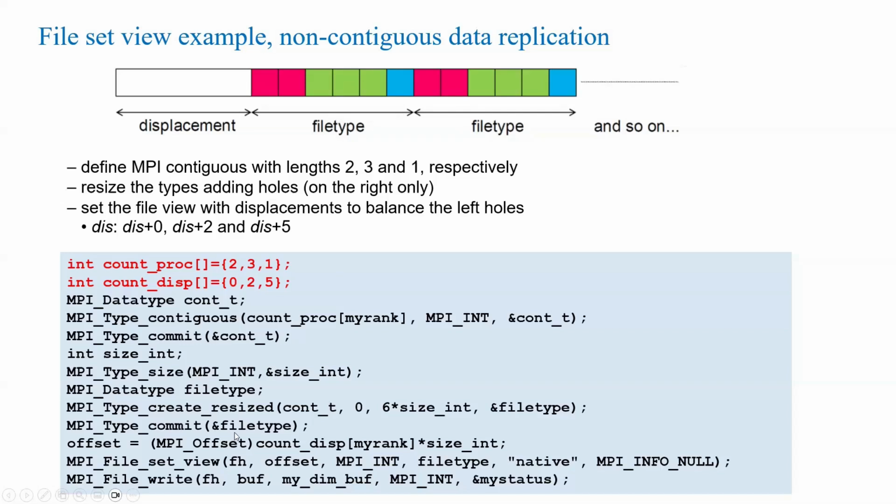And then this is a new file type. Then you have these calculations, and the set view will use the offset you calculated from there. The etype is integers, assuming integers here, and the file type is what we defined here, okay? And it's relative and whatever. And each will write its own data to the locations defined here, right?